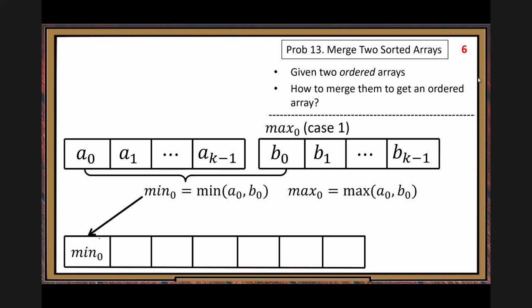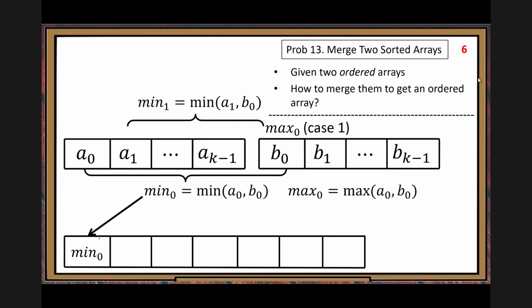So we use it to compare with A1, the next one in the array, after we remove min 0 because we put it in place and can eliminate it from the original data. We compare A1 with max 0, so we get a smaller one, which we call min 1.